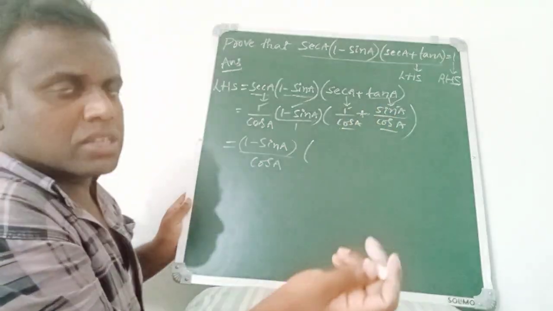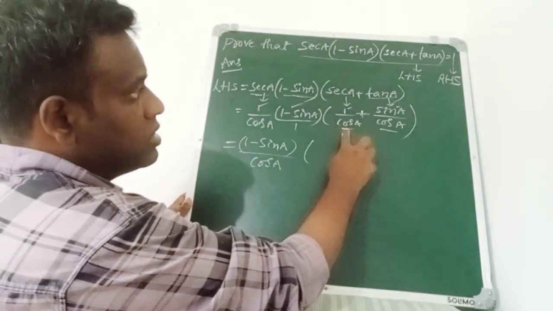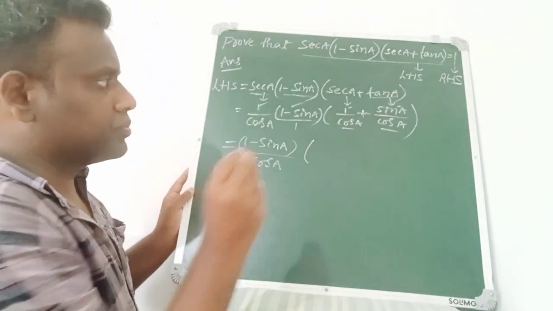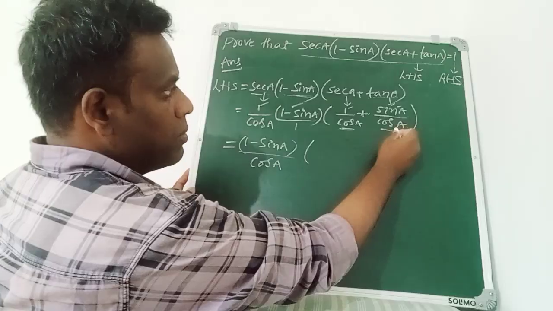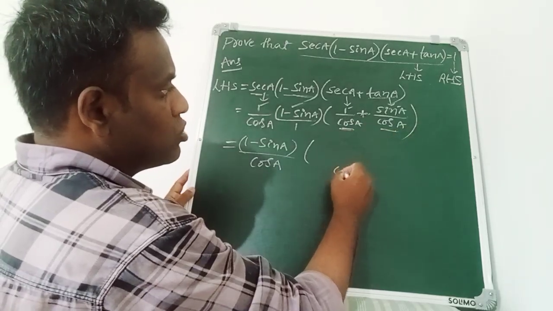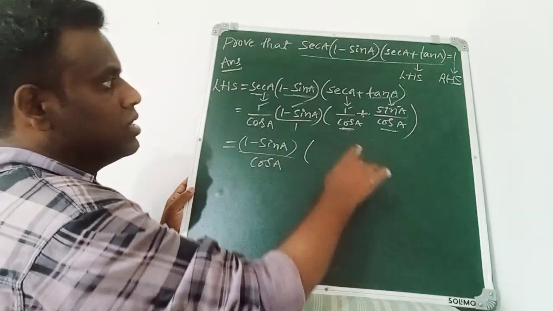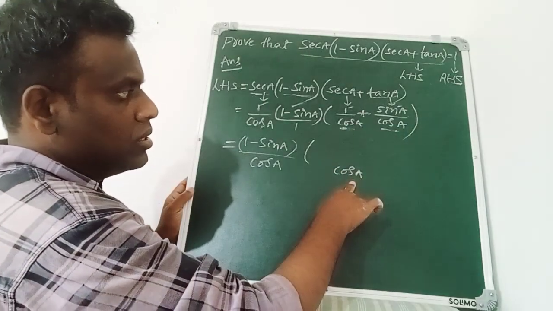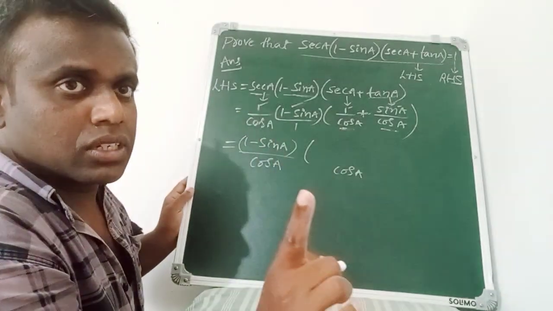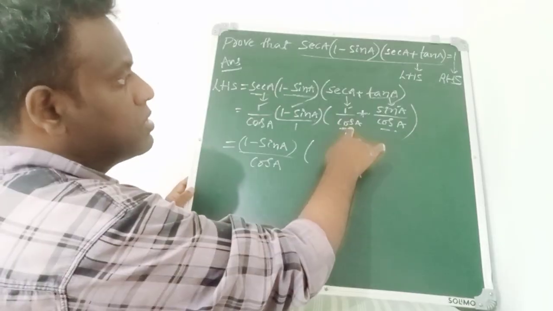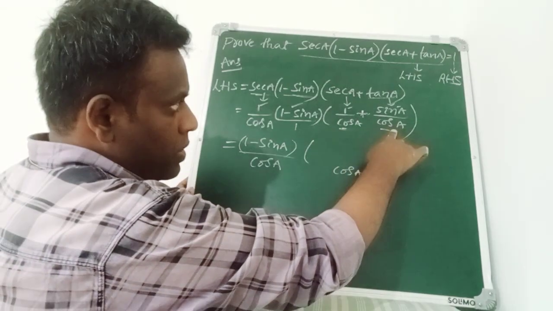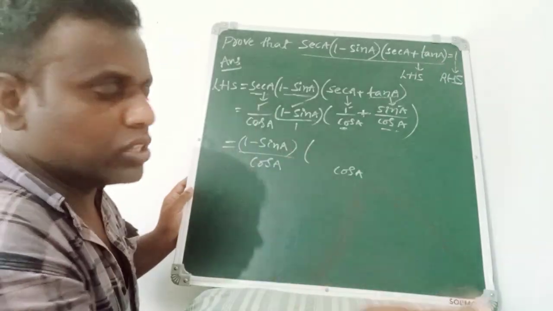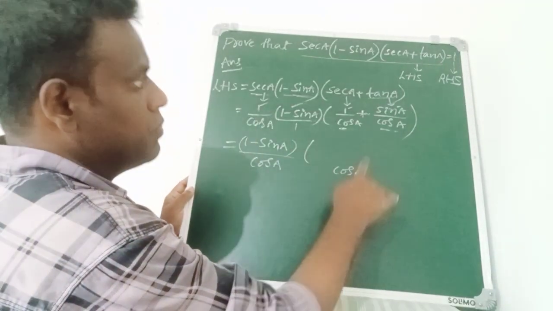That means we have to add this and this. While adding, if the denominators are the same, write the denominator as it is, only once. See, cos A is here 2 times, but while writing here, we have to write cos A only once.